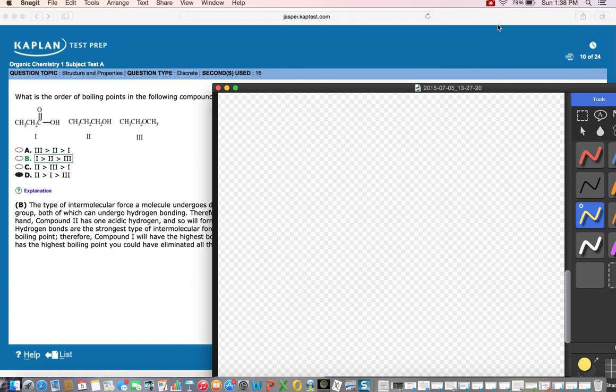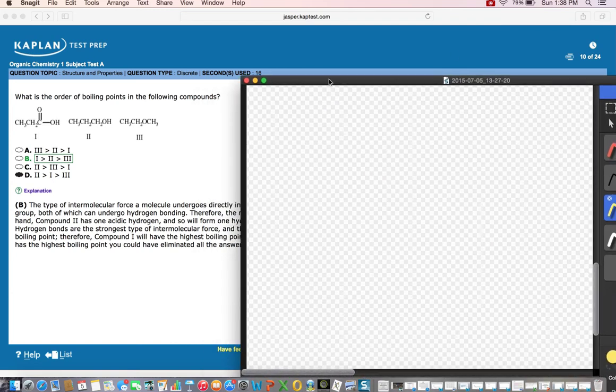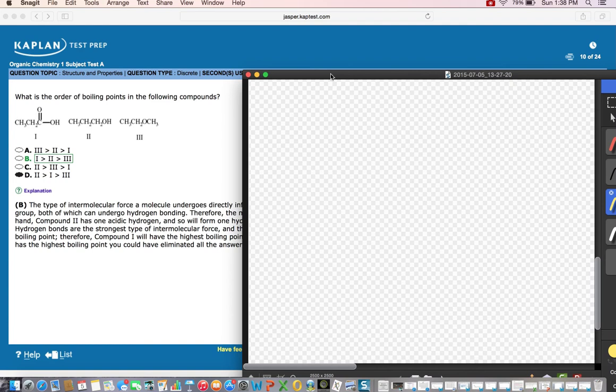All right, so the next question we're going to talk about is the order of boiling points for the following compounds. This is really a referendum on intermolecular forces. So we have propanoic acid, and earlier in this podcast we discussed how carboxylic acids have the highest boiling points. We have n-propanol.